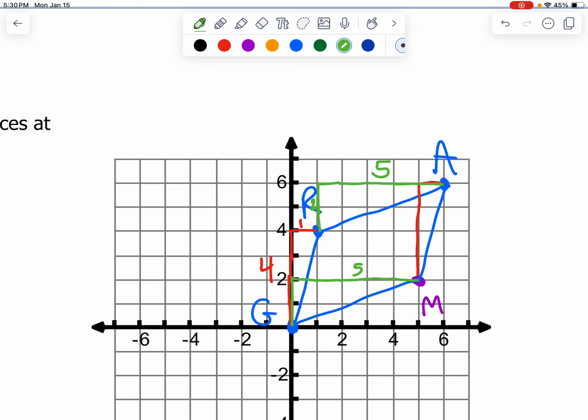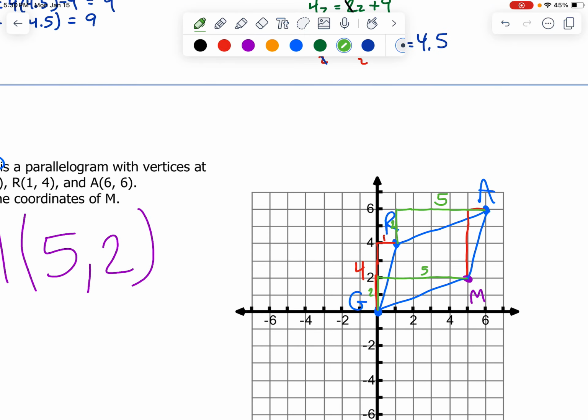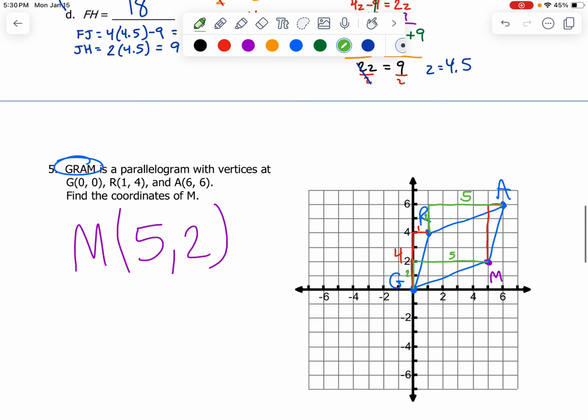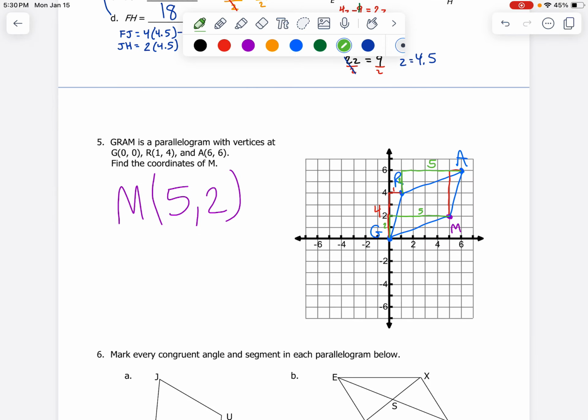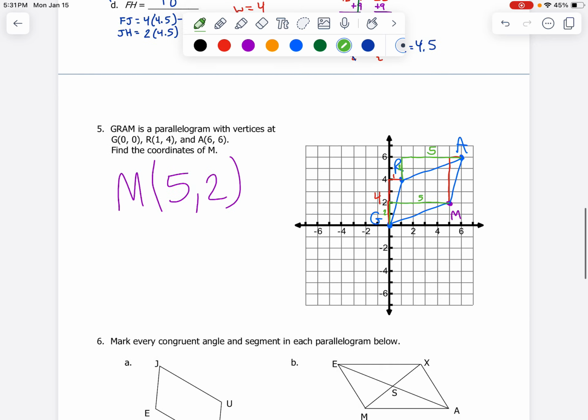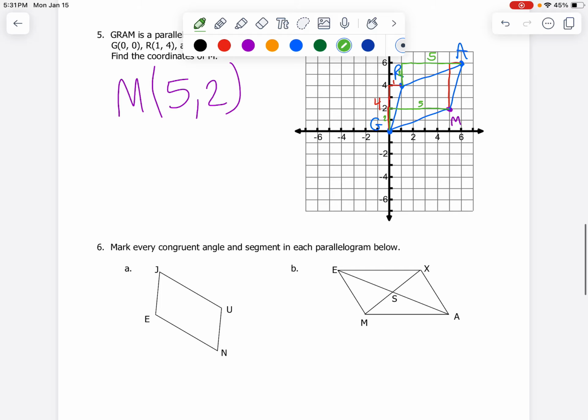So 2 and 5, and I get the exact same point M. So I did it one way and I checked it, and you could have done it the other way and checked it. So you never have to get one of these wrong, because you know that parallel lines have the same slope.